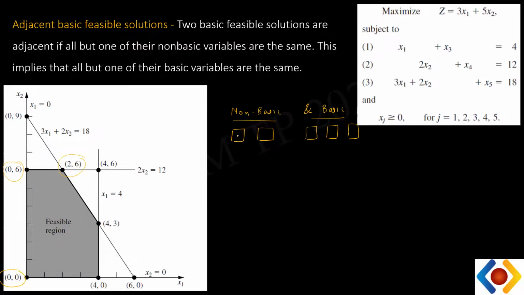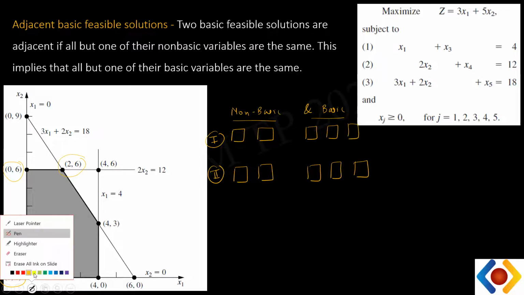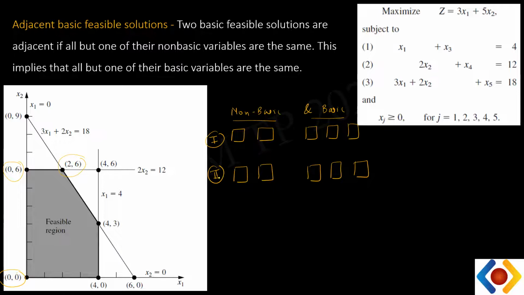So basically, let's say this is my solution 1 and this is my solution 2. So this solution will also have 2 non-basic variables and 3 basic variables. So now if I tell you that in solution 1 and solution 2, this and this are the same, but the other non-basic variable is different, then we can say these 2 are adjacent solutions.